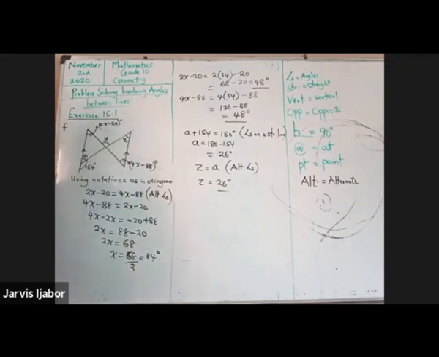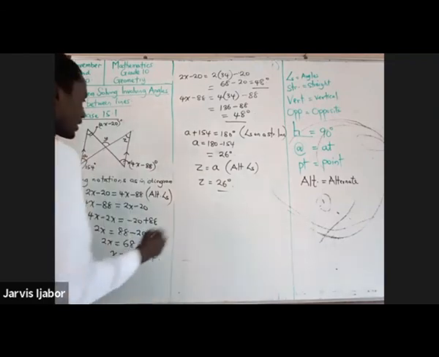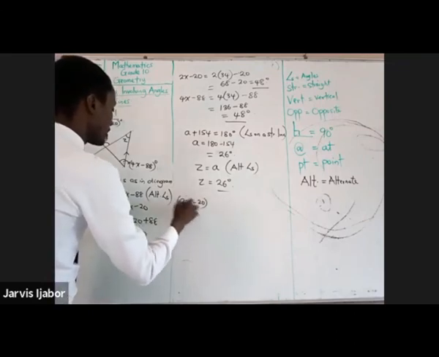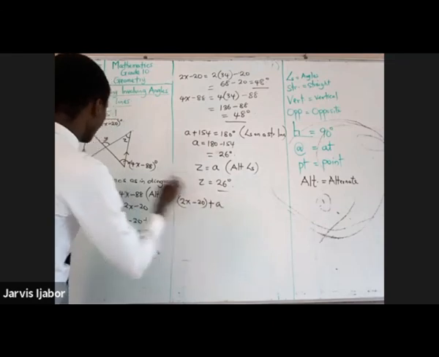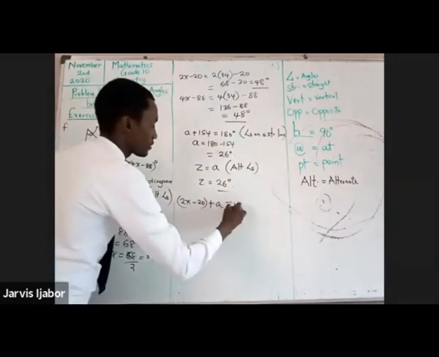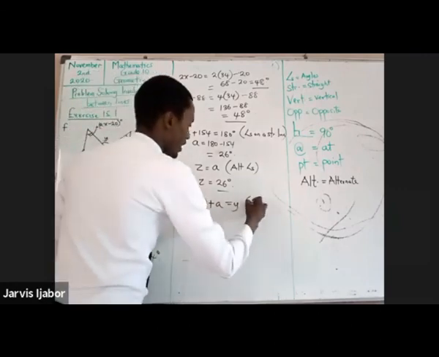Now we have gotten this. Now to get y, how do we get y? There's a theorem I've not taught you, but very soon you'll get to see it. 2x minus 20 plus a will give me y. What's the reason?